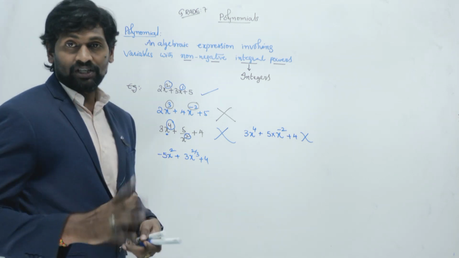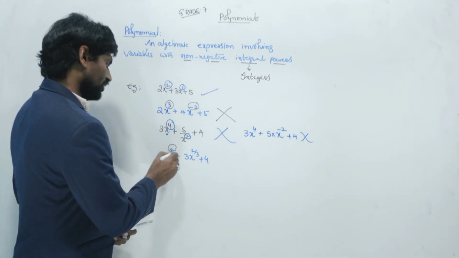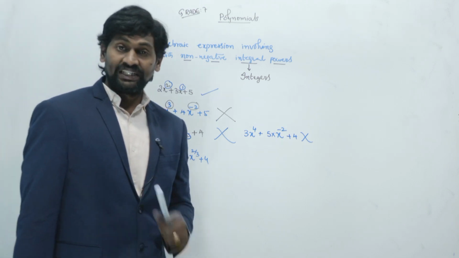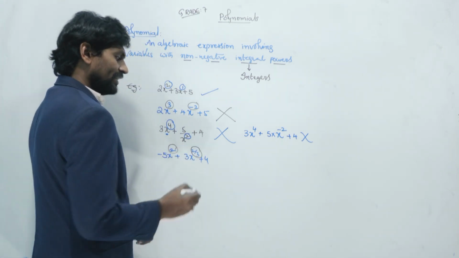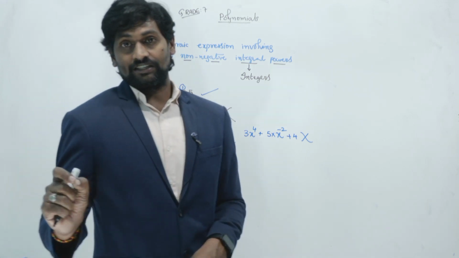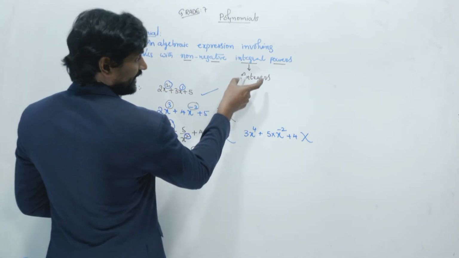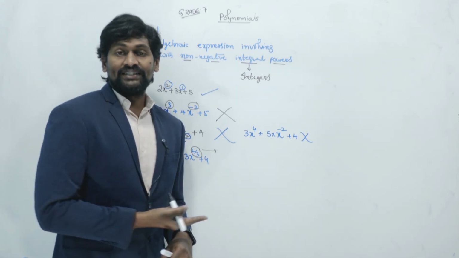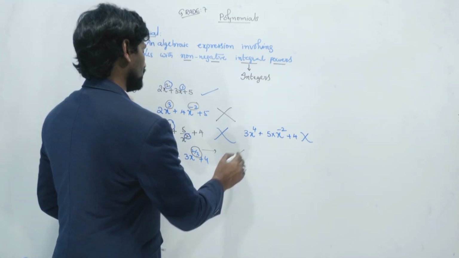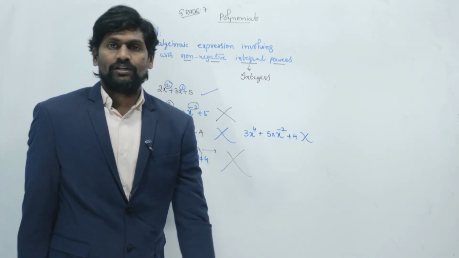Is that a polynomial or not? Here 2 is a positive integer, but the other power is 2 by 3, which is not an integer. It is a rational number, of the form p by q. So it is not a polynomial.